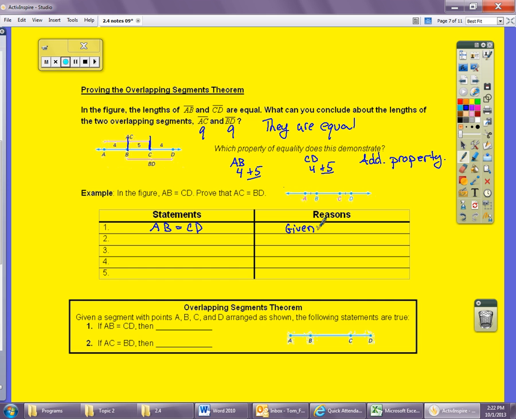Well, we know that this middle part, BC, we can add to AB. So we can do AB plus BC, and CD plus BC. We can add it to both of those sides. And why? That's our addition property.